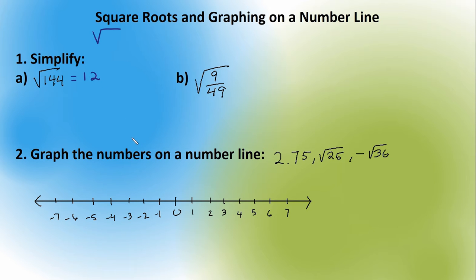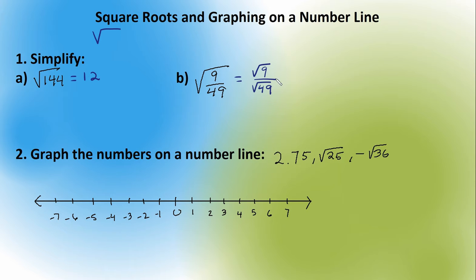Now when you have a fraction, like the one you see here, the square root of 9 over 49, you can just separate this and treat them individually so that it's the square root of 9 over the square root of 49, and then that usually helps a little bit.